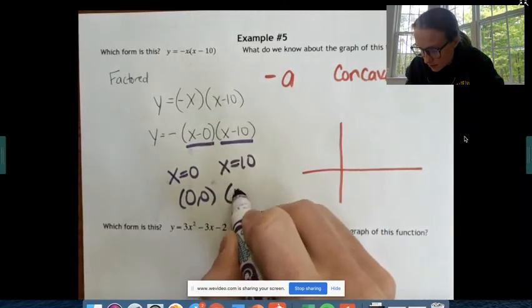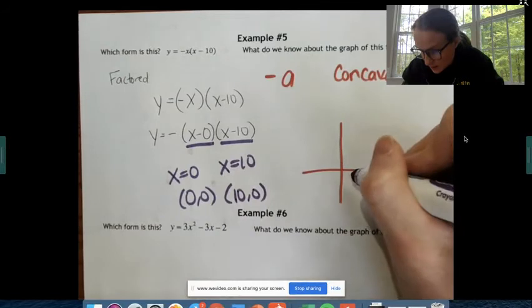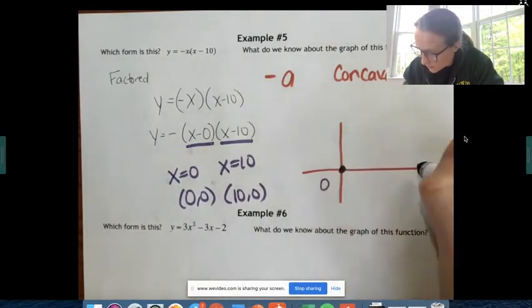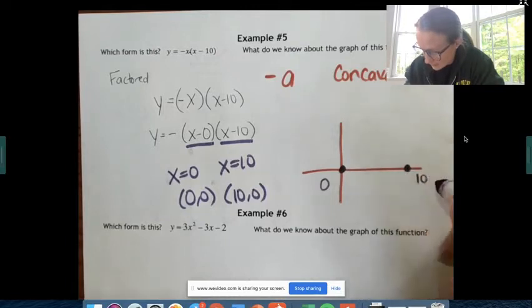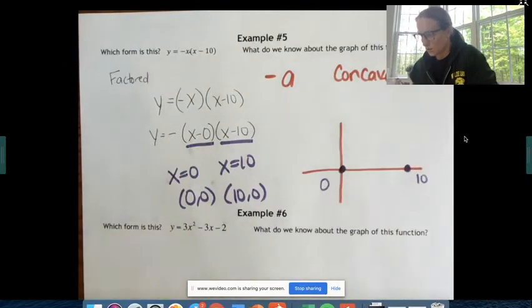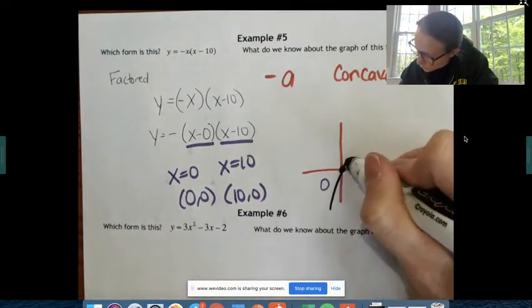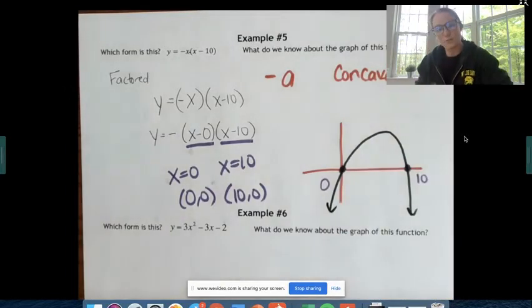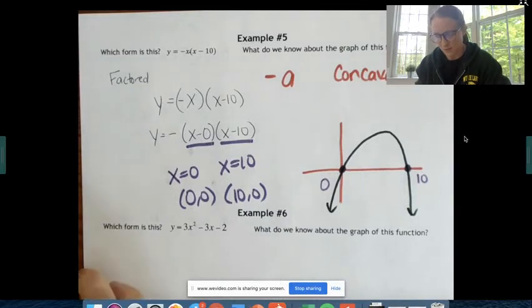So 10, 0 is our other x-intercept. So we'll have one at 0, one at 10, and then we know it's going to be concave down. So I'm going to go upside down to see what that graph will look like.